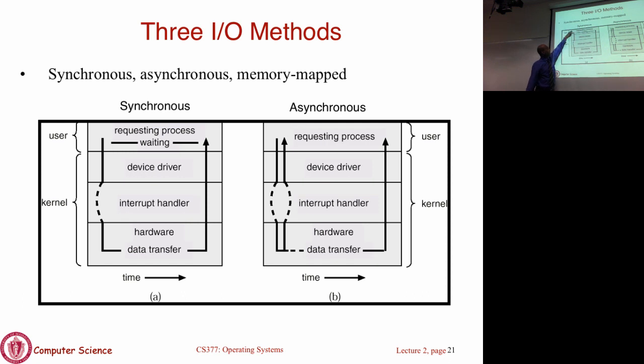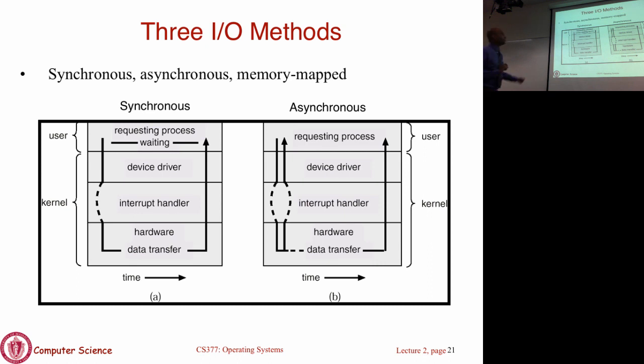All I/O requests are going to flow this way. They come from the process into the device driver, which is really the kernel. The kernel then talks to the hardware, and the results come back when the device is done.